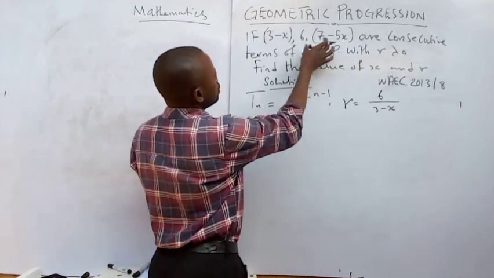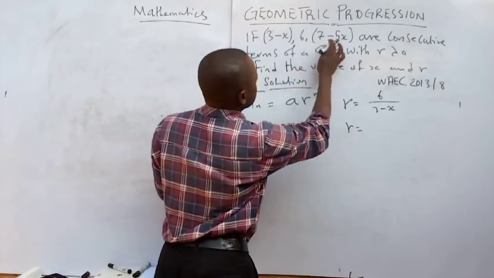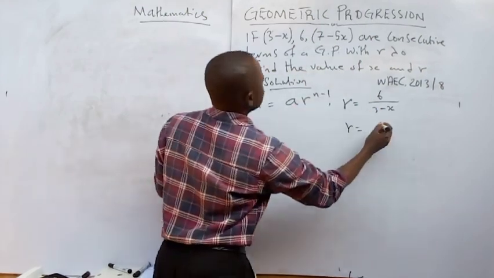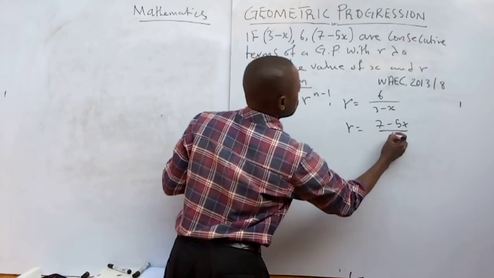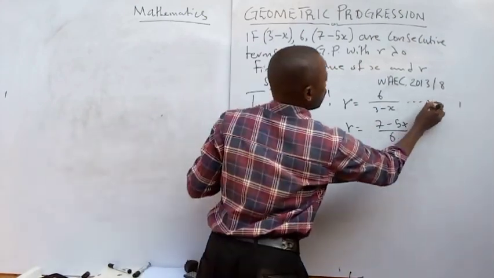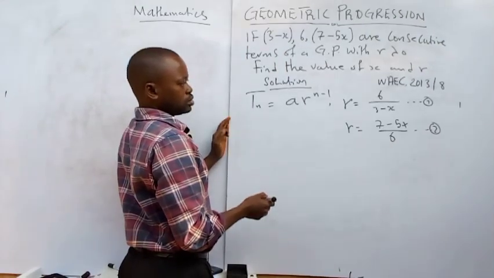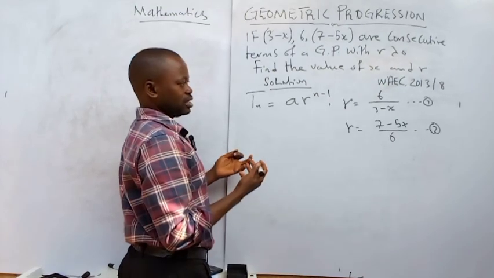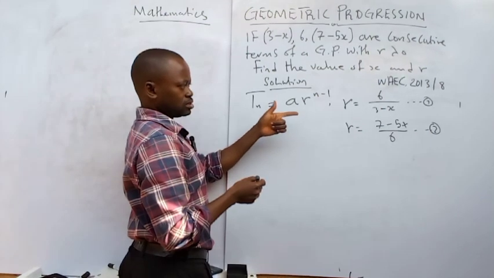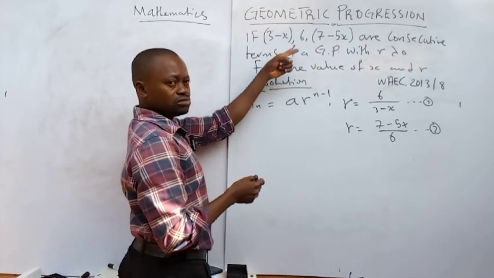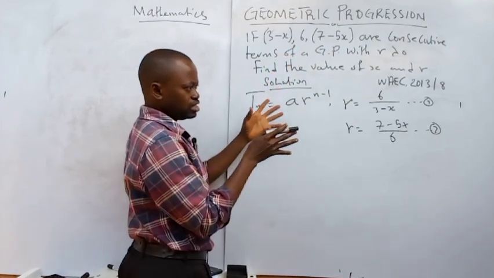The same common ratio r over this interval will also be 7 minus 5x over 6. You can call this equation 1 and this equation 2. That's my access point, and I'm thinking you understand how I'm using the common ratio idea to penetrate. That's what I'm trying to leverage.